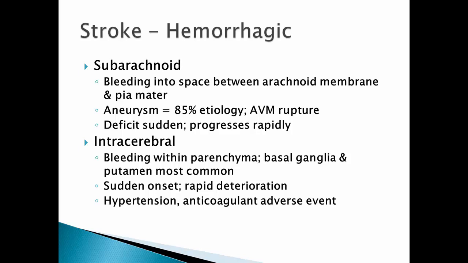As a result, the intracranial pressure increases. With the increase in intracranial pressure, you see a decrease in the blood flow and an increase in cerebral edema. With the decrease in blood flow and the cerebral edema, this worsens the ischemic process with the hemorrhagic stroke.